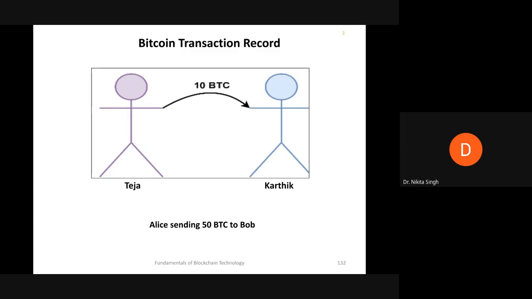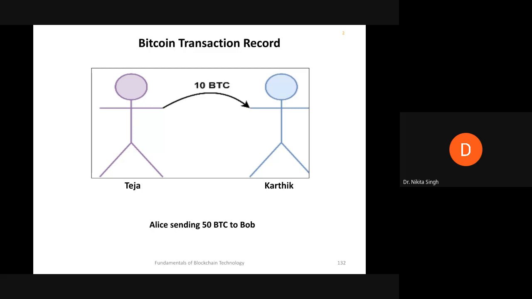Suppose Alice is the owner of some Bitcoins, she will make use of the transaction to send some Bitcoins to Bob. So a transaction here is used to tell the nodes on the Bitcoin blockchain network that the ownership of like 2 bitcoins or 3 bitcoins has been transferred from Alice to Bob.